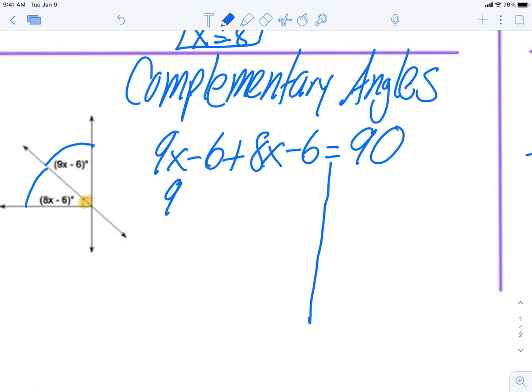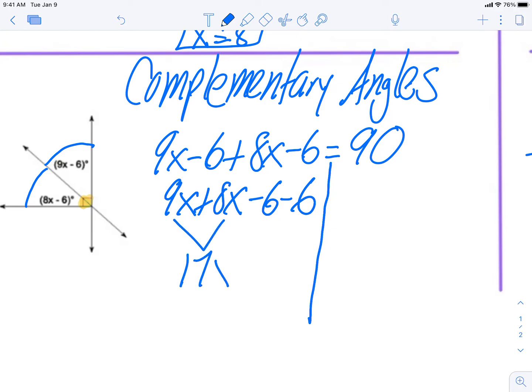And let me bring my x's together and my numbers together, right? So 9x and 8x are 17x. And then -6 and -6 are both the same sign, so I have to add those. 6 plus 6 is 12. And I get a -12.